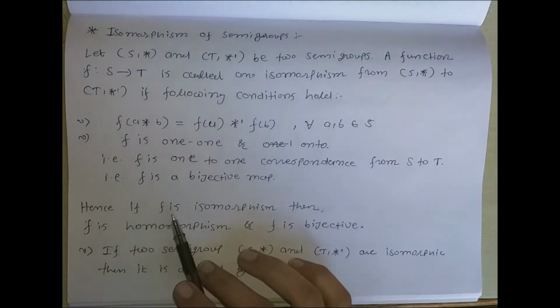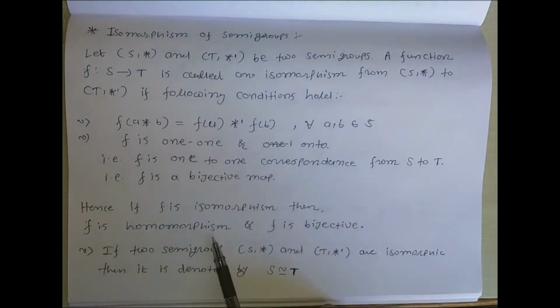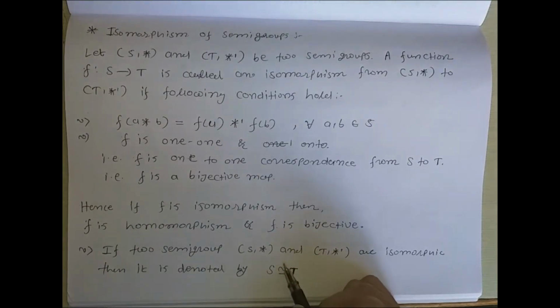If two semigroups (S, *) and (T, *') are isomorphic, then it is denoted by S is isomorphic to T. We use this notation to show that S is isomorphic to T.